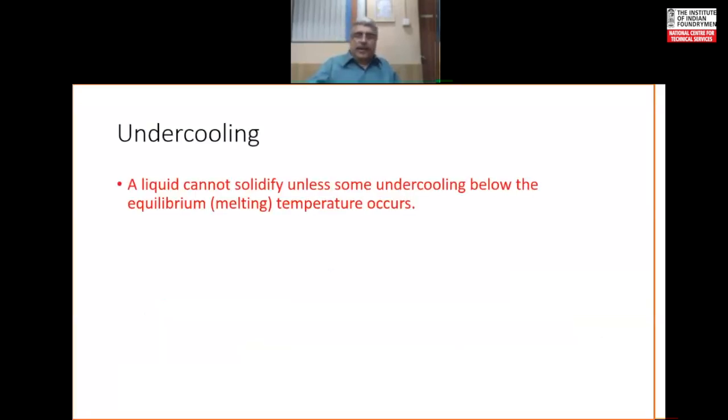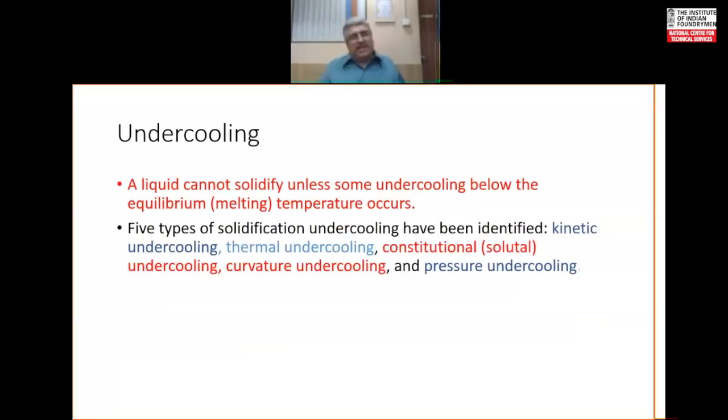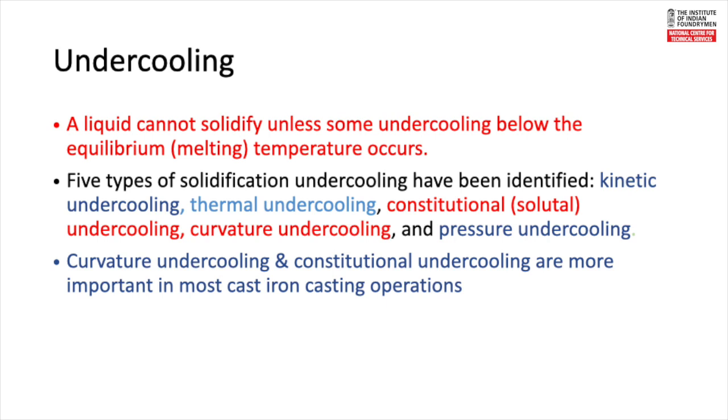A liquid cannot solidify unless some undercooling below melting temperature occurs. Now, there are 5 different types of solidification undercooling which have been identified. But as far as cast irons go, it is constitutional undercooling and curvature undercooling that matter. The effect of the others is not that big.